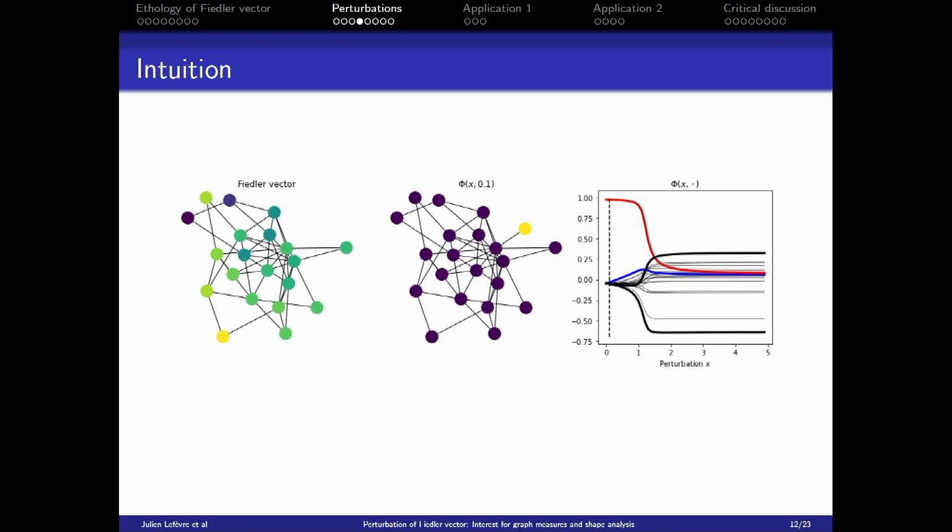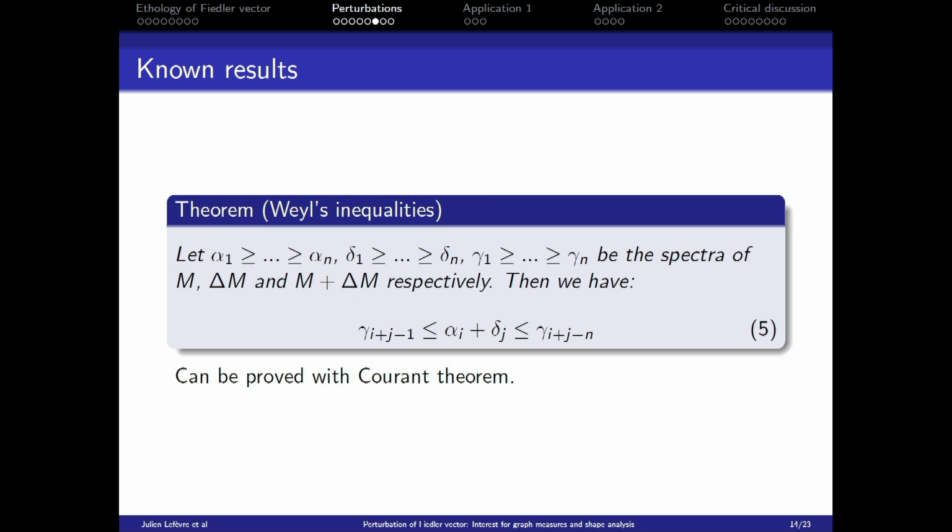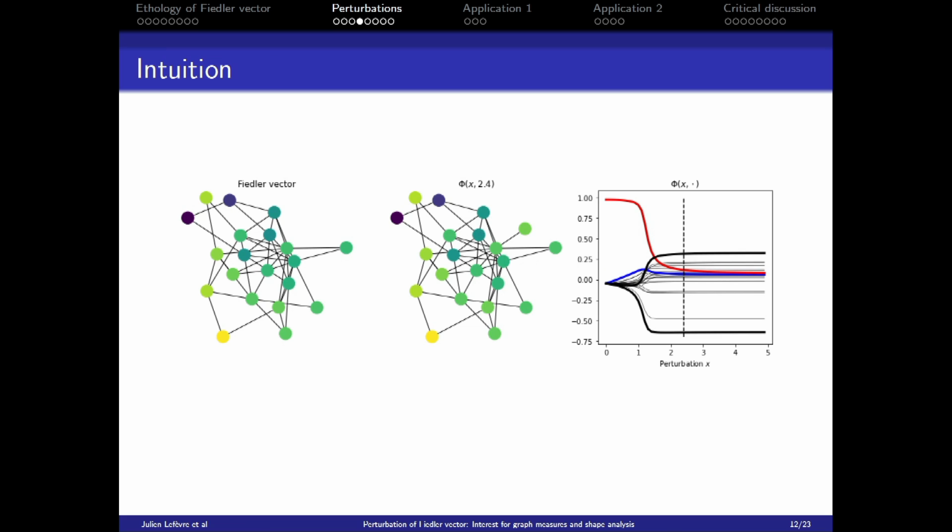So I will vary the amount of the perturbation. Nothing happens on the graph in the middle, but suddenly we observe a sort of transition here, just at this moment where the curves cross. There are two maxima here, and when the perturbation goes to infinity, you retrieve visually the Fiedler vector.